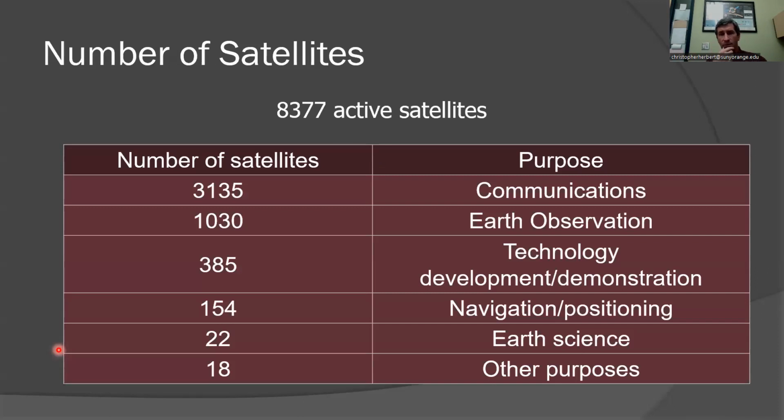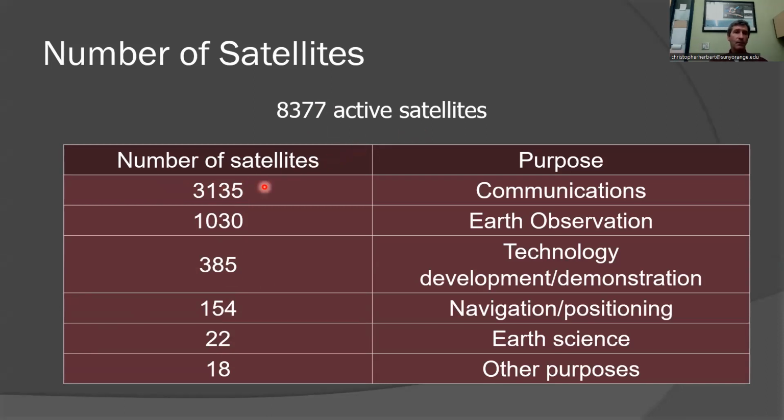Now, in terms of the total number of satellites, there are approximately 8,377 active satellites, the last time that I was able to retrieve this number. Most of these satellites, although the numbers that I'm showing you here are 2022 numbers, so these totals are going to be less than the total right here. Most of them are communication satellites.